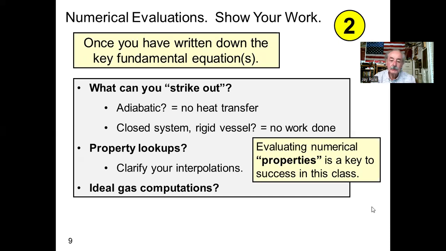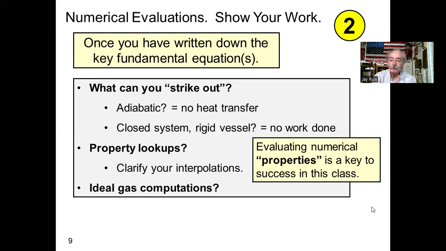What kind of things can you strike out of the fundamental relationship? Is the process adiabatic? If it is, there's no heat transfer. You strike out Q. Is it a closed system with a rigid vessel? A lot of homework problems. No work is done. I'd strike out W. That's going to get you some partial credit.